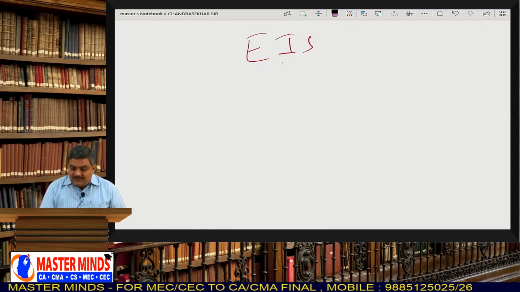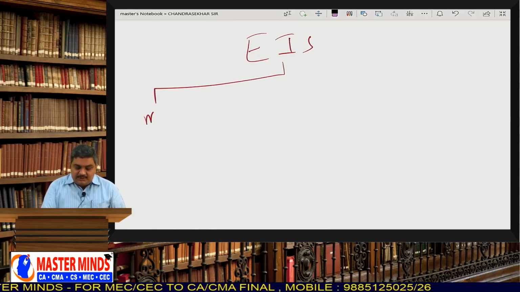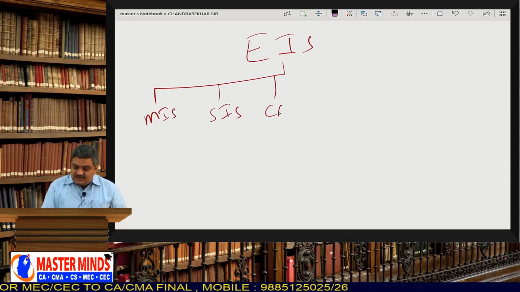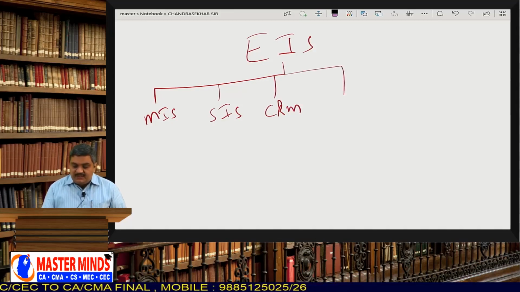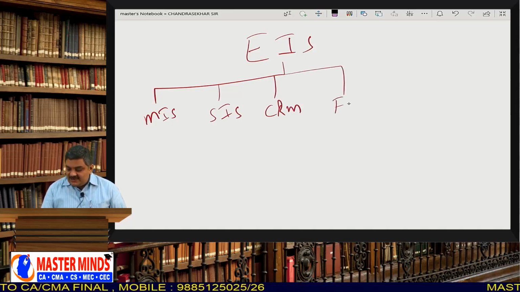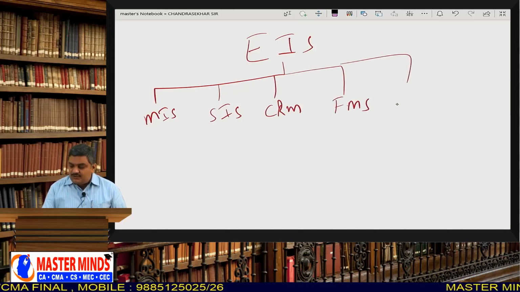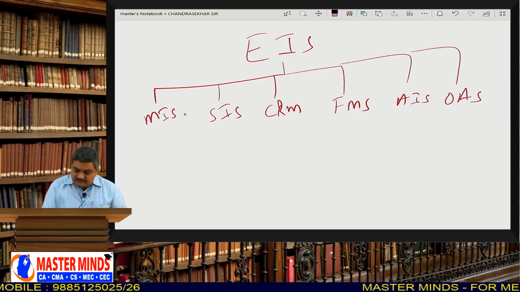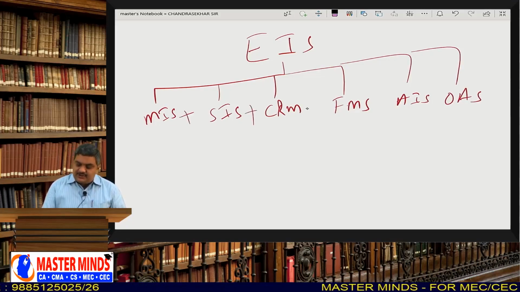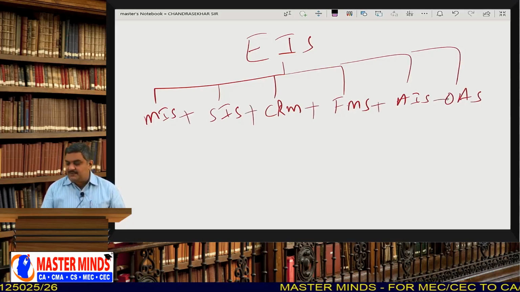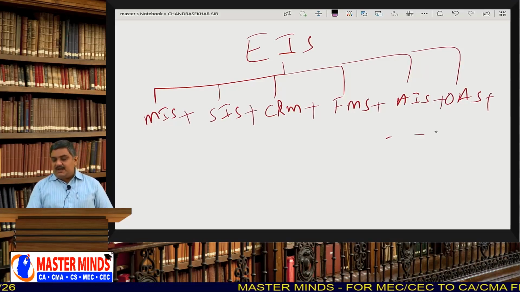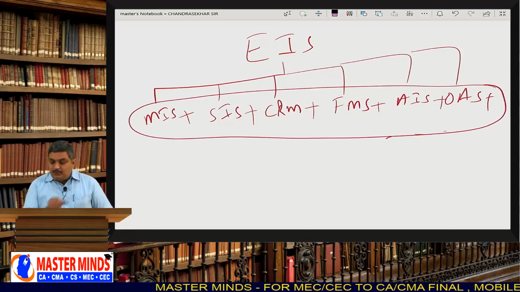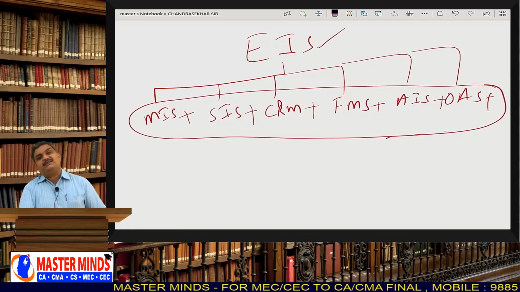To have an enterprise information system, you need to have a marketing information system, sales information system, customer relationship management system, a financial management system, accounts information system, office automation system. So marketing information system plus sales information system plus CRM plus FMS plus AIS plus OAS plus many other systems. All these information systems put together are called enterprise information system.